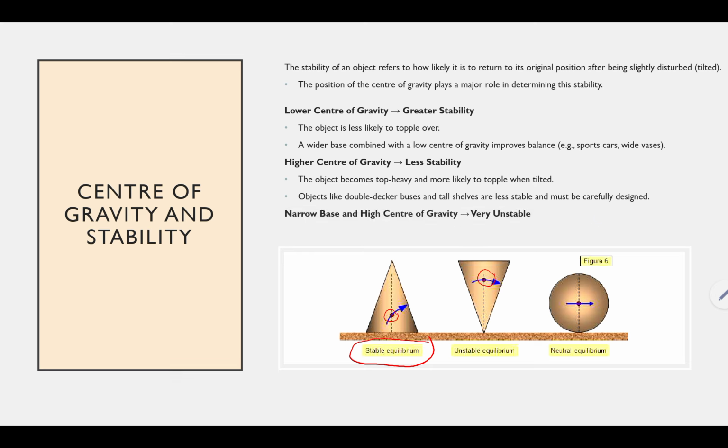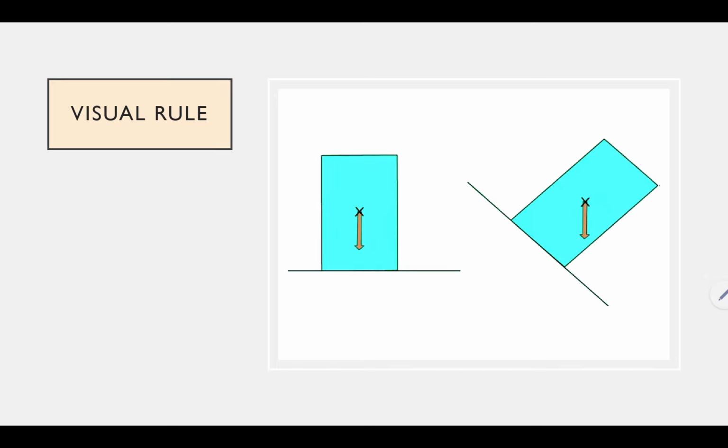We also have a narrow base and high center of gravity. Those are very unstable because any small disturbance can cause the vertical line through the center of gravity to fall outside the base, leading to toppling. Here's a visual rule.